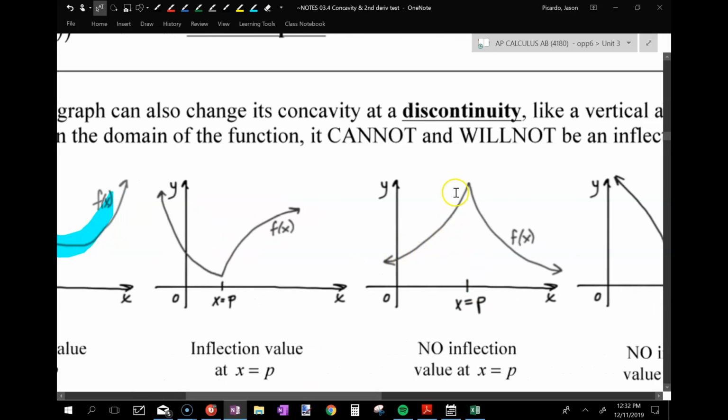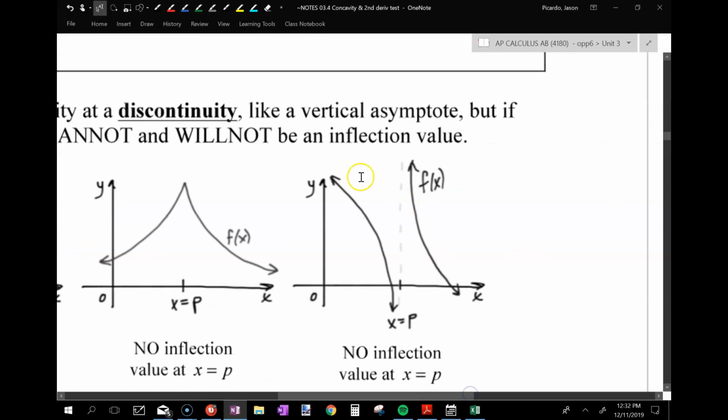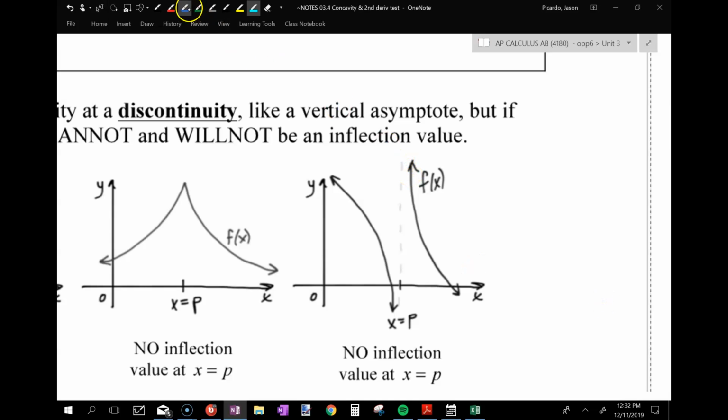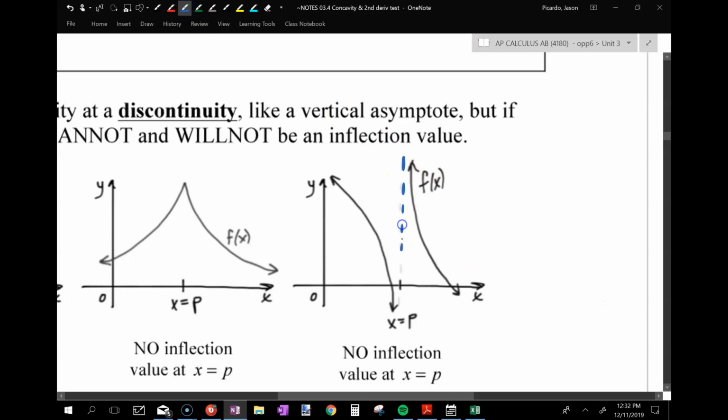What's this? Concave up. What's this? Concave up. Did concavity change? So is P an inflection point? No. Concavity down. Concavity up. Where did it change? Well, it changed somewhere along the asymptote.